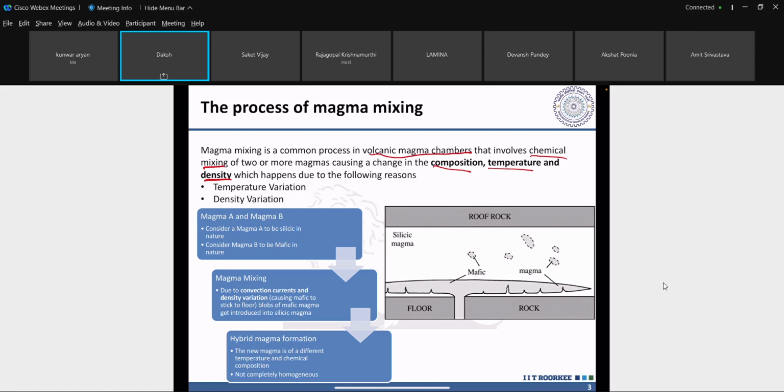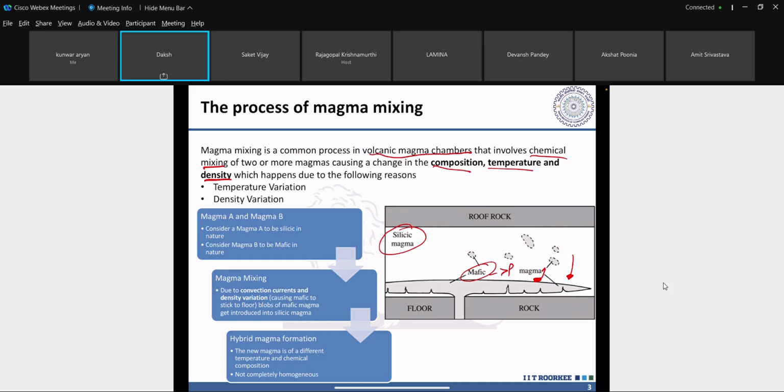To understand more, here is a case where silicic magma is being injected by mafic magma. As you all know, mafic magma has a higher density (rho) when compared to silicic magma. That is the whole reason why it's staying stuck beneath. It is stuck to the floor because of the density variation. But as mafic magma has a higher density of certain minerals that silicic magma does not have, mainly Fe, etc., certain blebs of minerals start floating above.